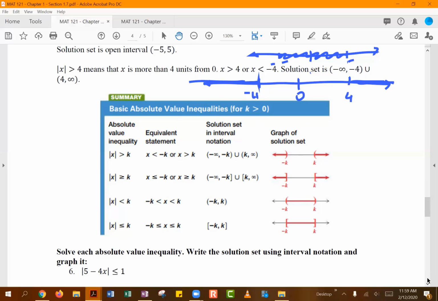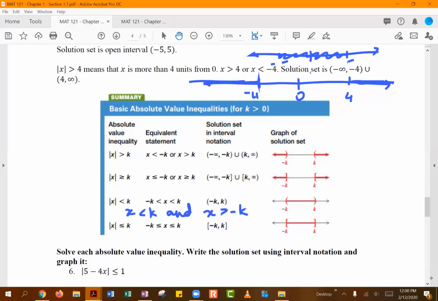So remember, when it's greater than, it's always going to be or. When it's less than, you can write it as a three-part inequality, or you can write it with and as your connecting word. If you don't want to write it as a three-part inequality, you can have x less than k and x greater than negative k, if you wanted to use the and.